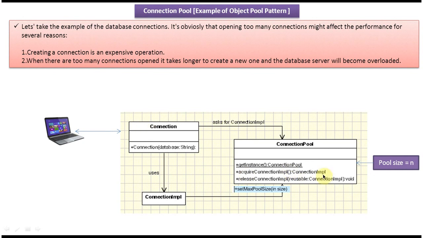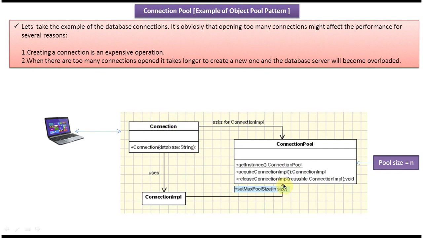This ConnectionImplementation object will be used by the Connection object. It does all the things related to database operations. Once everything is finished, the client is responsible for releasing the ConnectionImplementation object back to the connection pool.